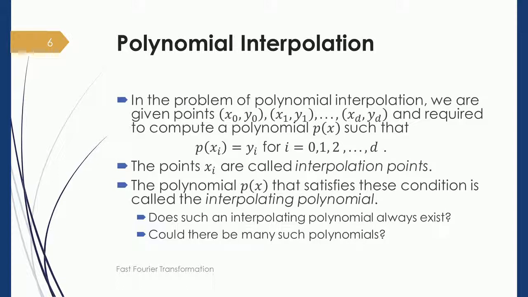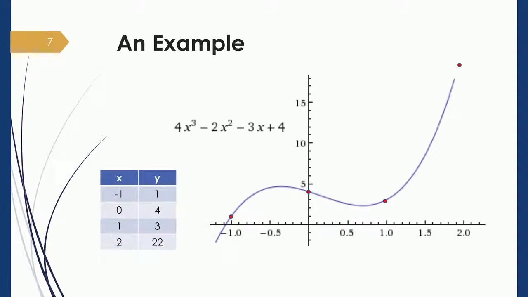So, now let us look at the problem of polynomial interpolation. In this problem, we are given some number of points in the 2D plane. Each of these points has a unique x coordinate. The points are x 0, y 0, x 1, y 1 and so on up to x sub d, y sub d. So, here is an example of such a situation.